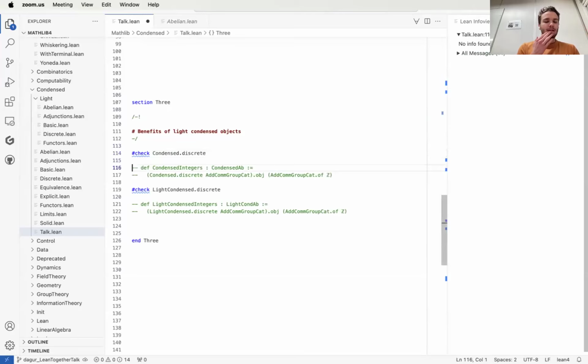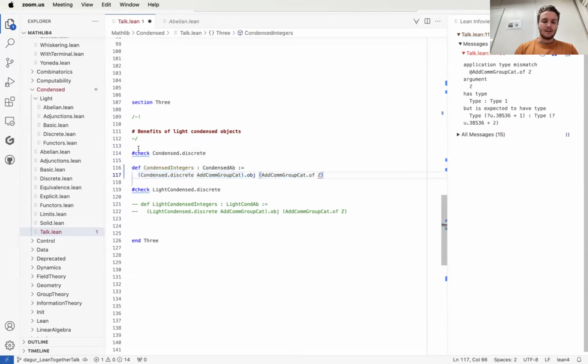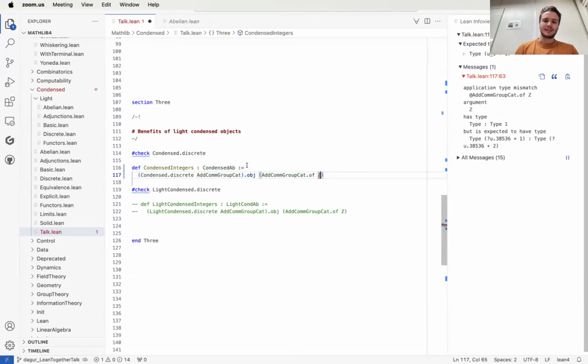Now, let's say we want to study the abelian group of integers as a condensed abelian group. Then we would use this condensed.discrete functor, and it doesn't work because it's expecting an object of type one universe higher.